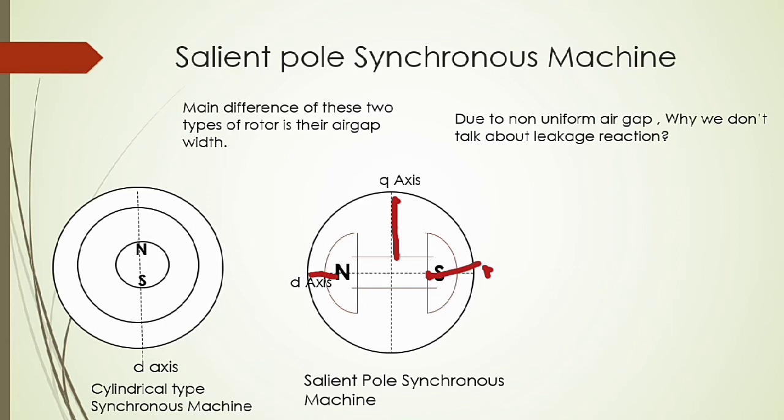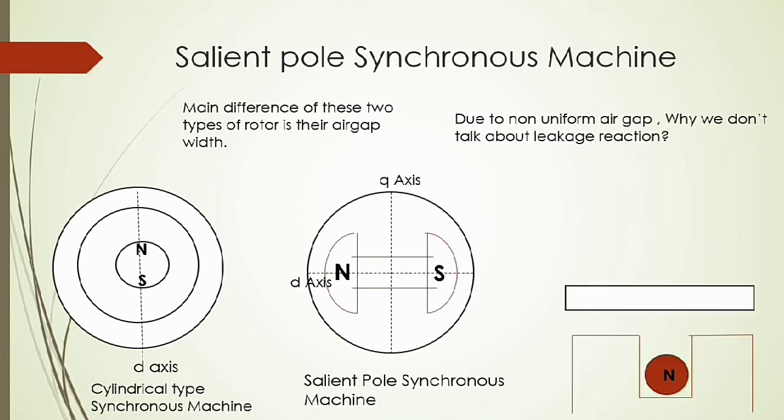So why do we not talk about the leakage reactance? In this slide we will discuss this, because it is an important point: how the air gap does not affect the leakage reactance. That is, if you know about leakage flux.